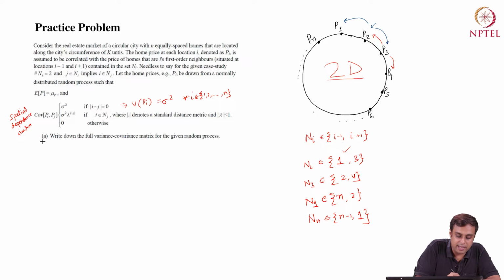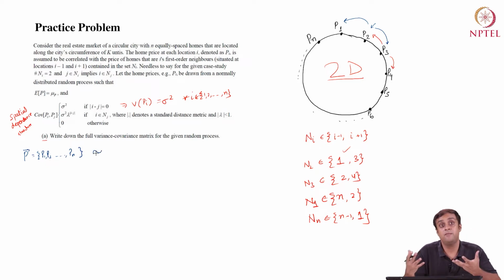The first query is: write down the full variance covariance matrix for the given random process. So I'm going to do that. I've been given this vector of prices P, which is nothing but P1, P2, all the way till Pn. All of these are distributed jointly.